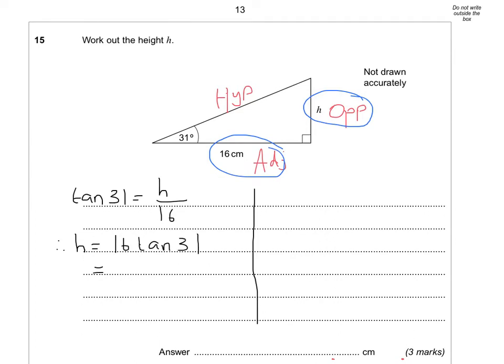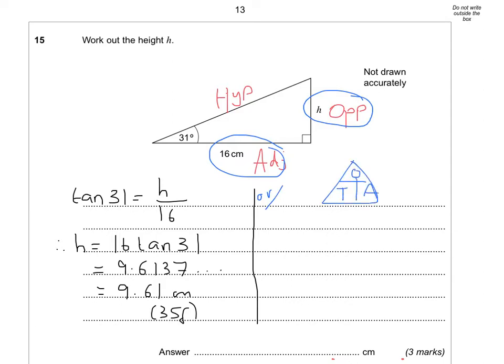If we type that into our calculator, we get a value of 9.6137 ... which we can round to 9.61 centimetres to 3 significant figures. An alternative approach is to set up your TOA triangle.